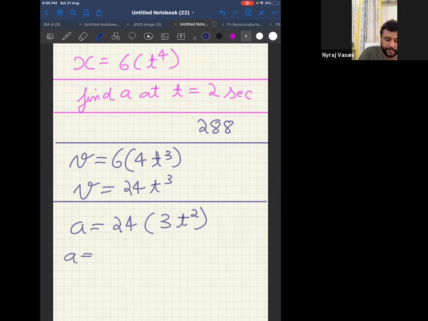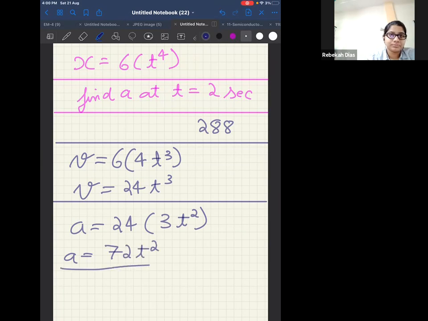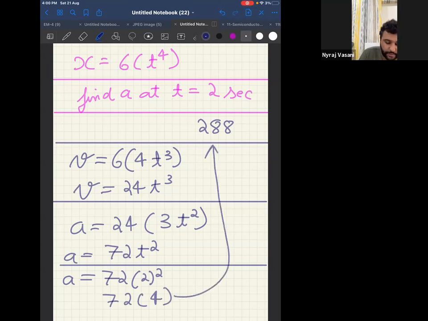Therefore, acceleration is 24 into 3, which is 72t square. But I want acceleration at time t equal to 2 seconds. Therefore, 72 into 2 square, which is 72 into 4. The answer will be 288 meter per second square.